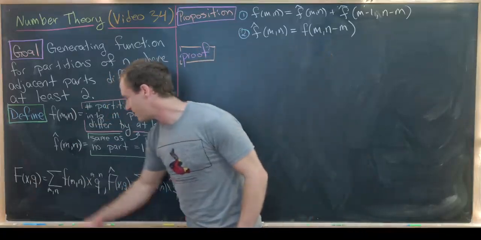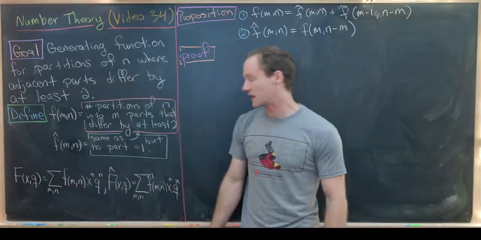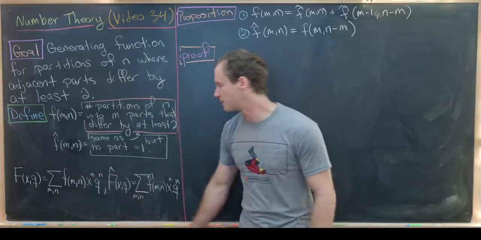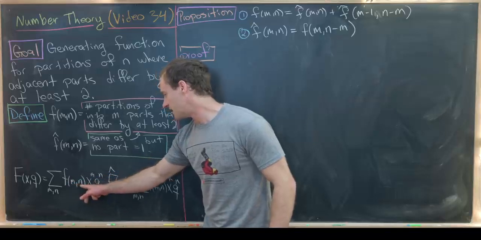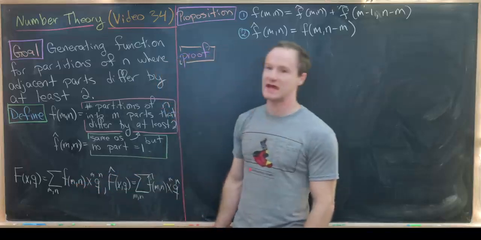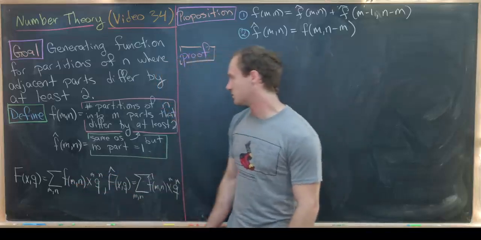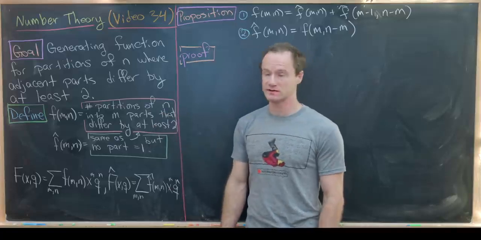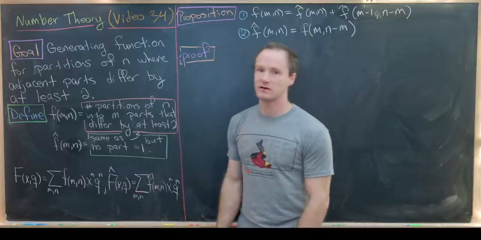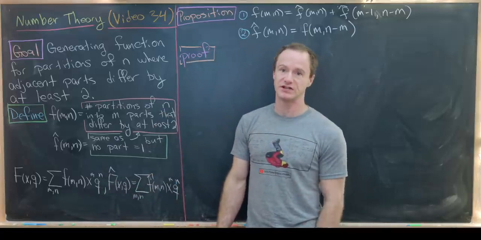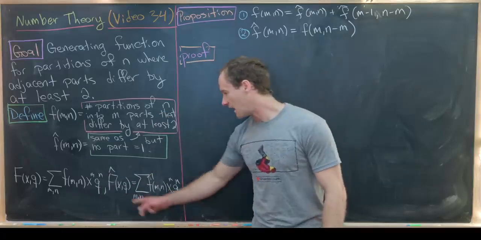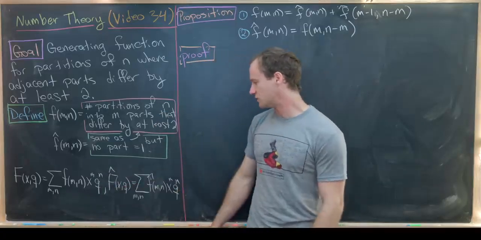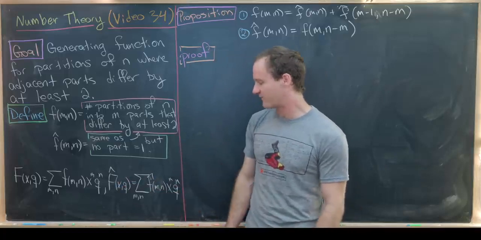Capital F of x, q is the sum over m and n, so it's a double sum, of f evaluated at mn, x to the m, q to the n. So our x variable is counting the number of parts, and our q variable is counting the partition that we're looking at. And then F hat of x, q is defined similarly, just with f hat here.